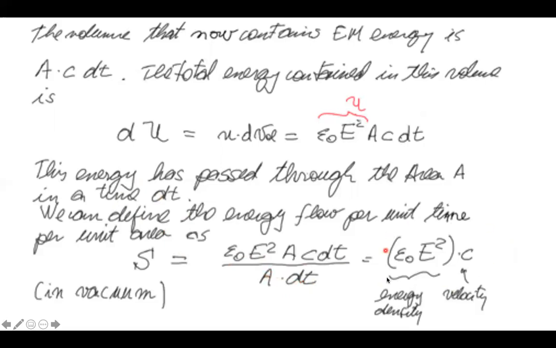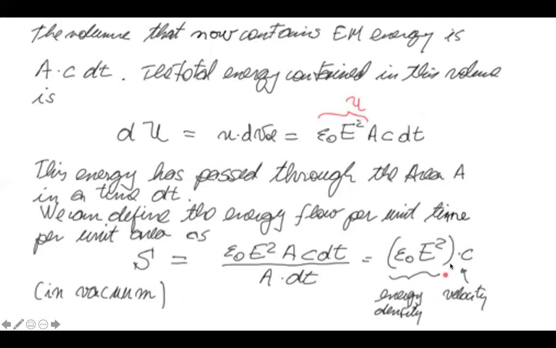And that is simply this expression here. This should also be familiar. Essentially, the flux of the energy is the energy density times the velocity at which this density travels in space. So that's the flux: energy density times velocity.